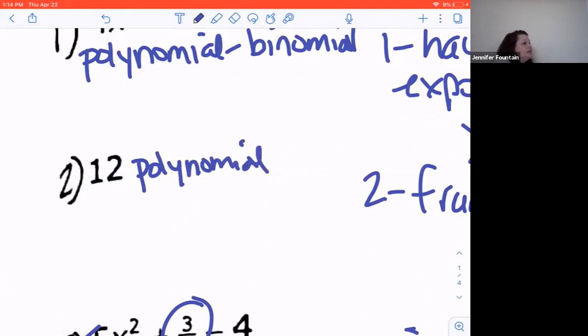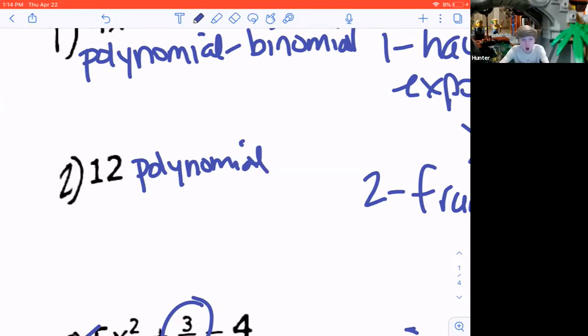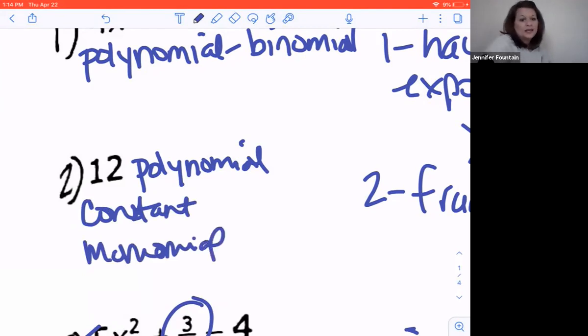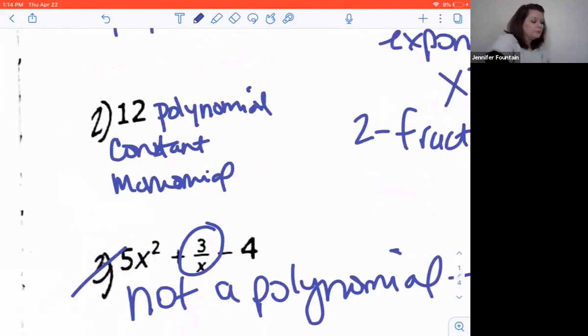And this is one where it says that it can have more than one answer, and I am going to have more than one answer on this one. What are my two possible answers? What did we say the number 12? Constant and monomial. Good. It is a constant, and it's a monomial.